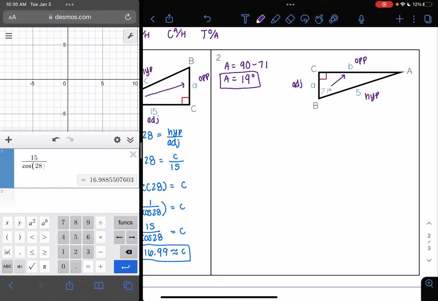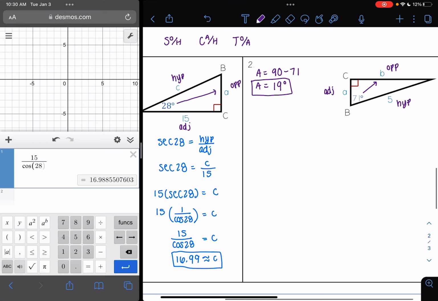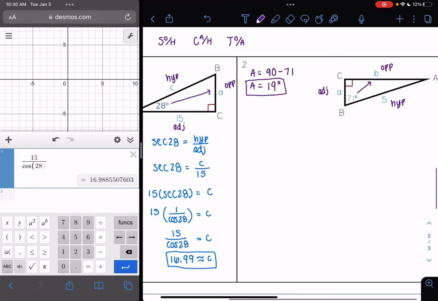So here the known side measurement is the hypotenuse. So I'm going to go ahead and pick either one where hypotenuse is in the denominator. And so I can do sine. And so I have sine of 71 is equal to opposite over hypotenuse. So sine of 71 is equal to my opposite side, which is B, over my hypotenuse, which is 5.